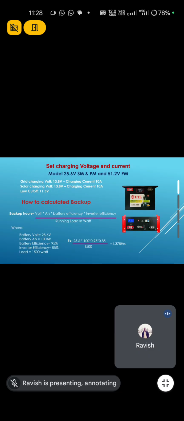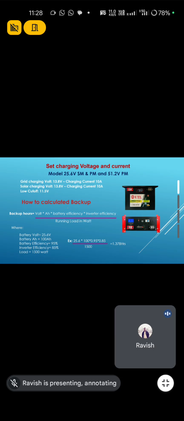Now set the charging voltage and current for your battery. This is the most important part of this session. Most engineers called me and told me the battery SOC is not showing properly or the battery backup is not giving properly. First of all, you have to check the charging voltage and current in your inverter or charge controller.